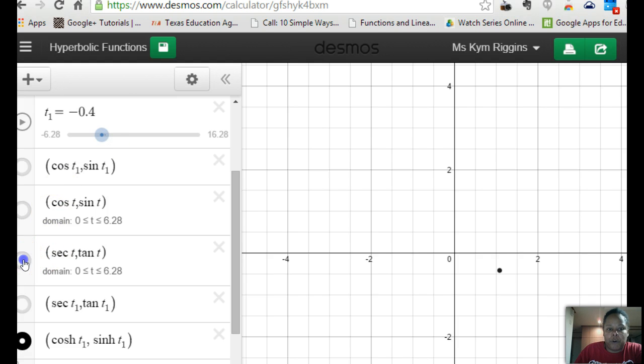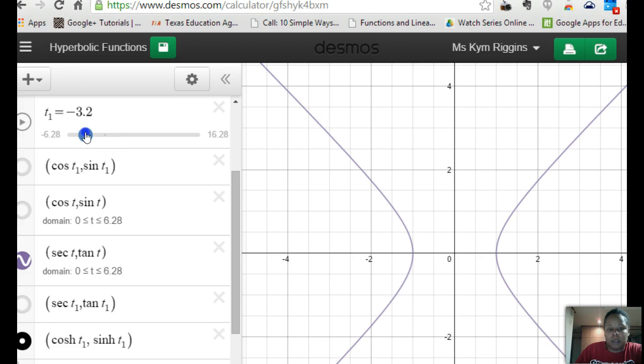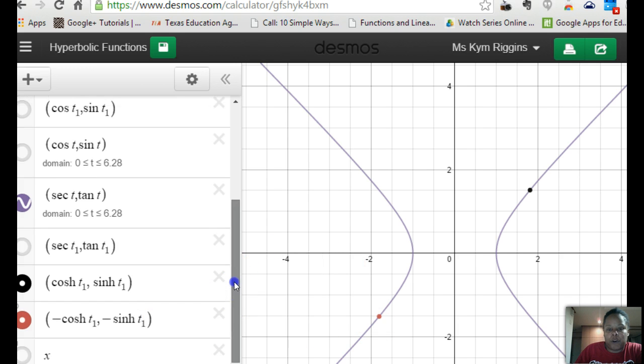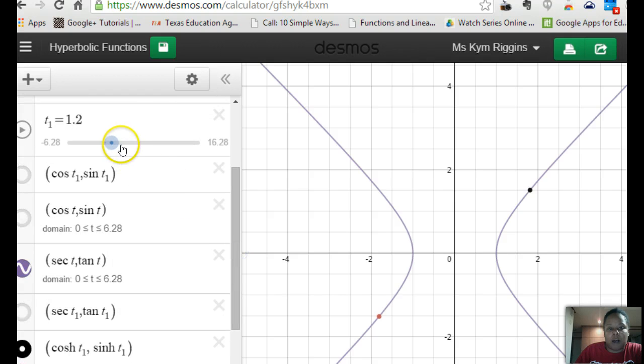So let me return the original hyperbola, and as you can see, the dot for cosh comma sinh is traveling the right branch of the hyperbola, and the left branch of the hyperbola is traveled by the parametric equation negative cosh and negative sinh.